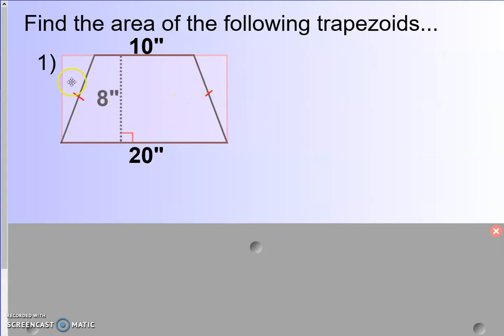Now that rectangle clearly has an area bigger than the trapezoid, but if I took the area of that big red rectangle and subtracted the area of the right triangle on the left side, and subtracted the area of the right triangle on the right side, I think that would be the area of the trapezoid. So let's try that and just see what happens.